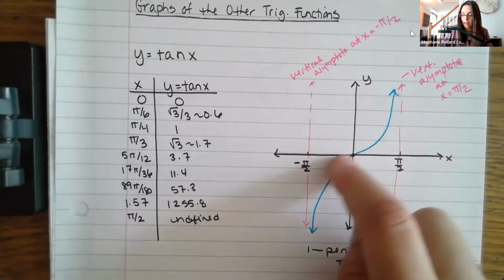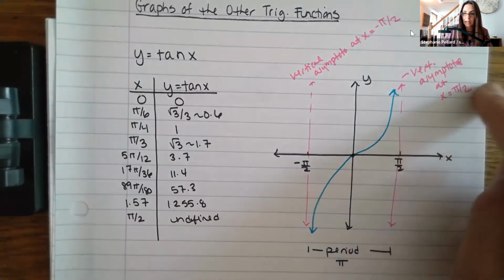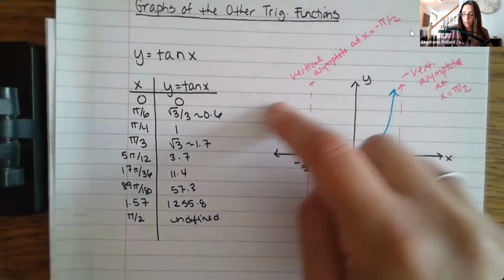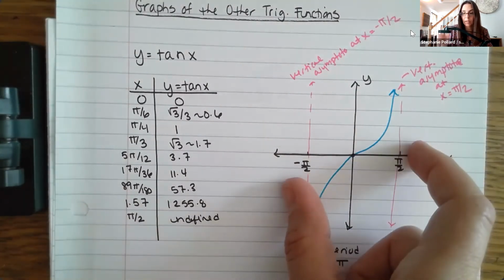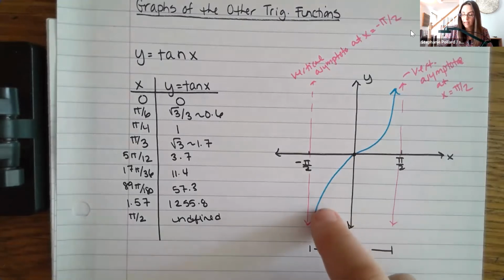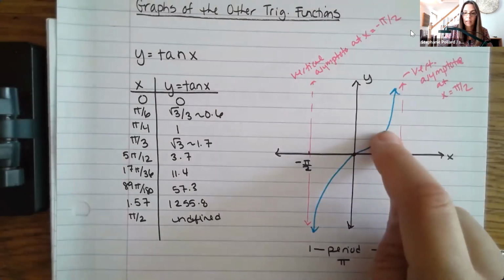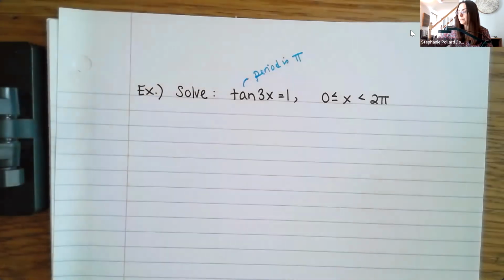Here it goes down, so you're all negative there, and then you go up. And of course, you're going to repeat, so we're not done here. We do need to get the other values too. But in our main initial period for tangent, from negative pi over 2 to pi over 2, you see that there is only one value of 1, and it's right here at pi over 4. So I'm going to go ahead and use that information.